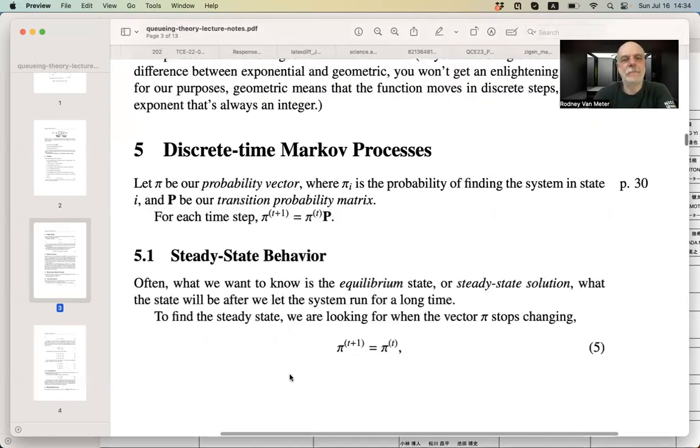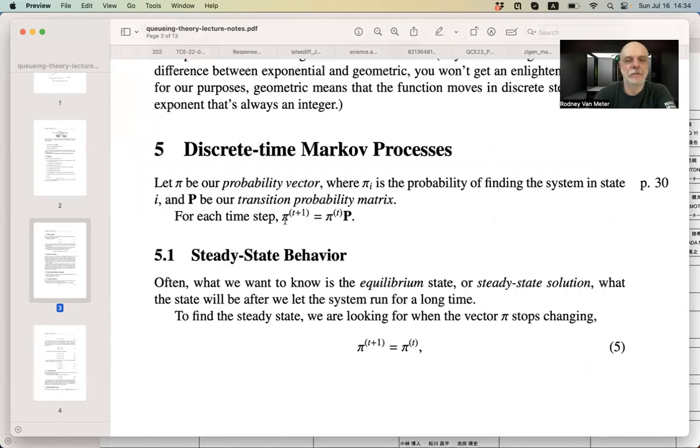But first off, let's talk about discrete time Markov processes. We're going to use a probability vector like we saw earlier when I was working with the slides. Well, we talked about the transition matrix, but we actually did not talk about the probability vector yet, did we? We didn't talk about the probability that you're in a particular state.